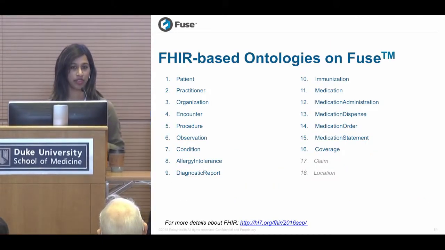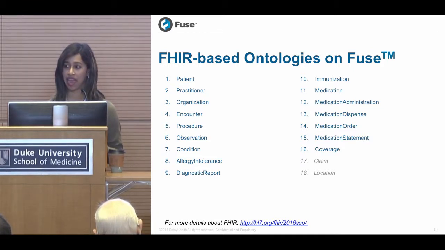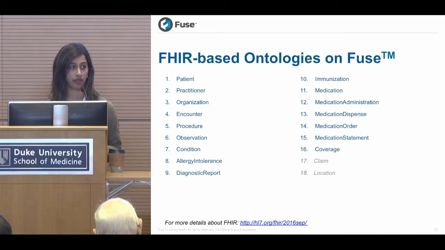So while the use case here may seem simplistic, what is the data that's actually being shown? We talked through how we aggregate data. As a part of Fuse, we've really honed in on using FHIR as our data layer for how we classify data.